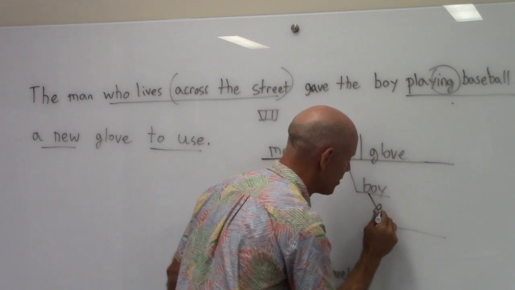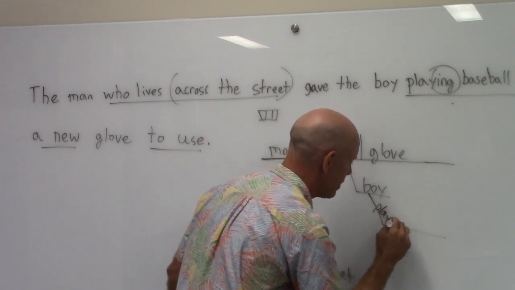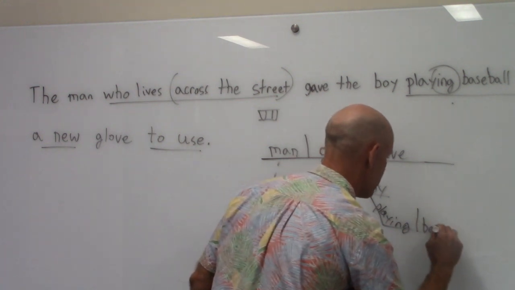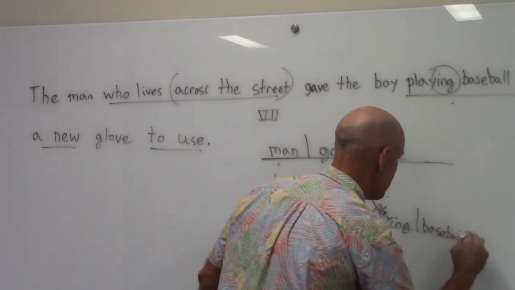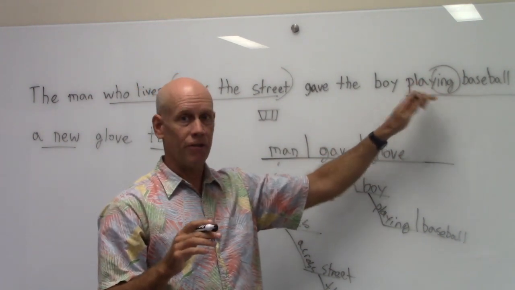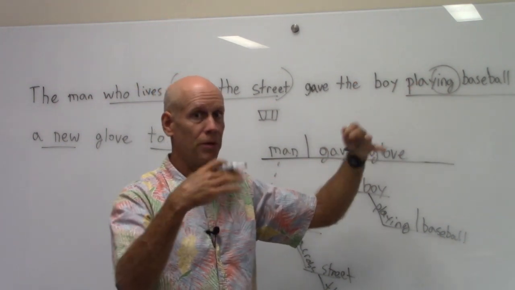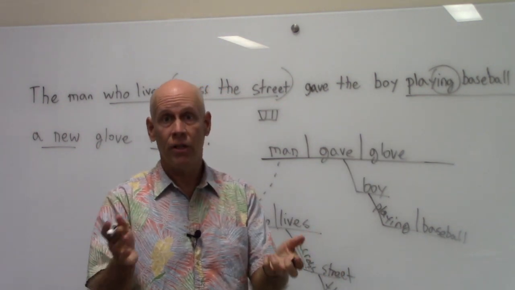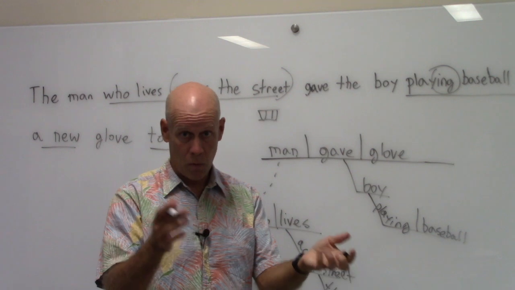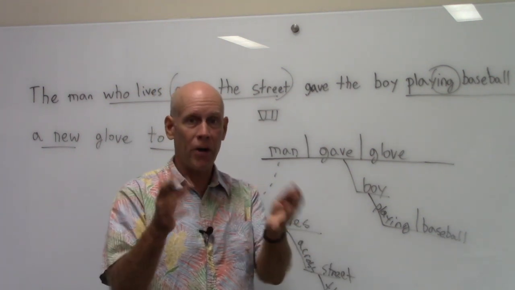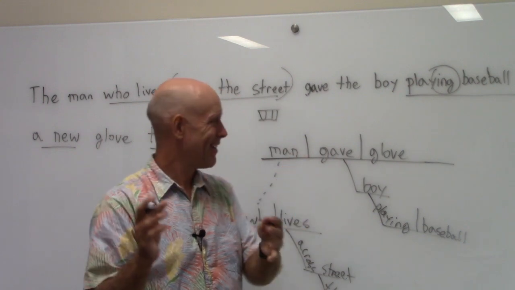Now it's acting adjectively, right? And what's he playing? Baseball. All right, so this used to be a verb. It looks like a verb, but if there's no B in front of it, it's doing something else. And in this case, what are the two questions for the adjectival? Which one and what kind? One more time. Which one and what kind?